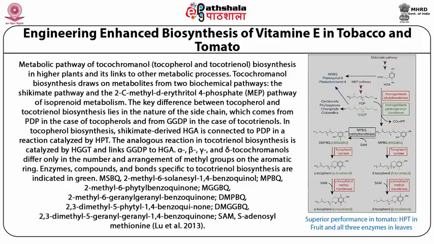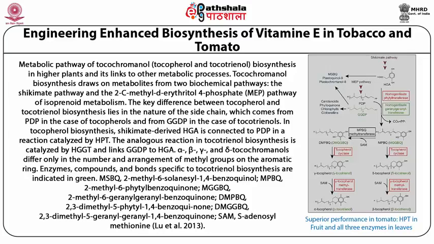For this, metabolic pathways in tomato as well as tobacco have been modified on an experimental basis to test whether vitamin E production can be enhanced or not. For this purpose, scientists have overexpressed homogentisate phytyltransferase, accompanied by two more enzymes, tocopherol cyclase and gamma-tocopherol methyltransferase.